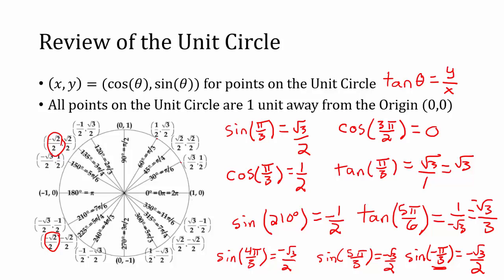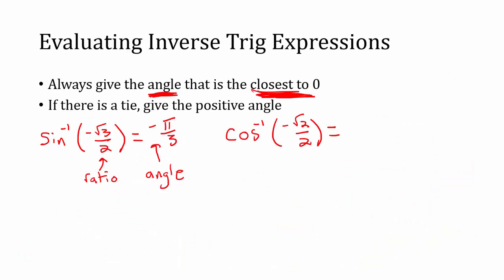Now it looks like from standard position, that's going to be a tie. That's 135 degrees. If I rotate in the negative direction, that's negative 135 degrees. So I'll just go with the positive angle if there's a tie. So that would be 135 degrees, which would be the same thing as 3 pi over 4, if I wanted to answer in radians instead of degrees.